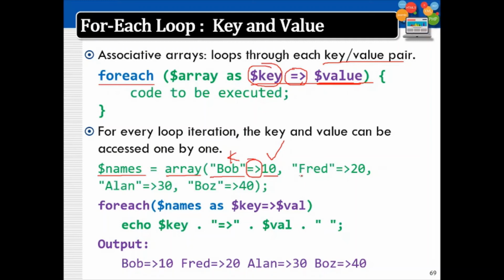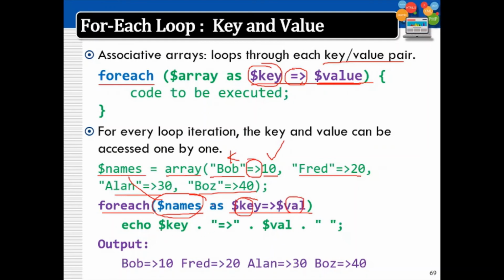So similarly, more values are given, and this is how we use foreach $names, which is the name of the array, as $key => $value. So key will be getting all the keys, and value will be retrieving all the values one by one in each iteration.